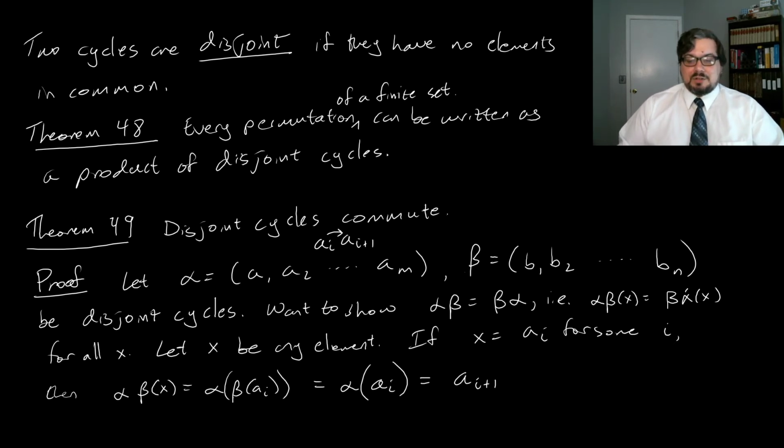Now here we interpret am plus 1 not as am, but as a1. So notice that am plus 1 isn't actually defined in our cycle, but if I apply alpha to am, then I will get a1 because that's how the cycle notation works. It sends the thing at the end of the cycle back to the beginning.